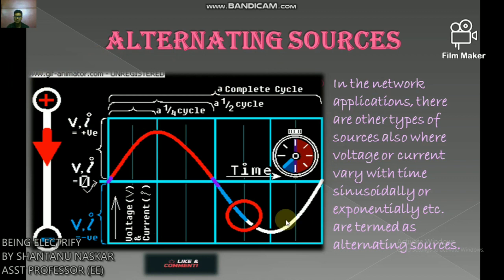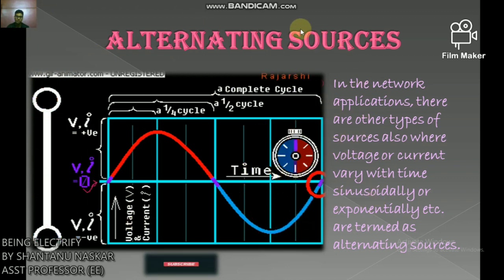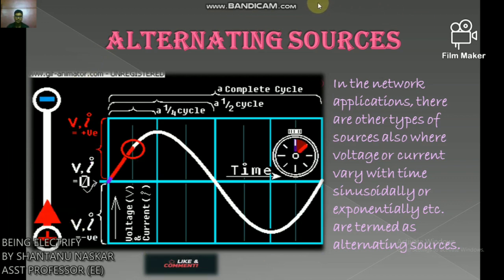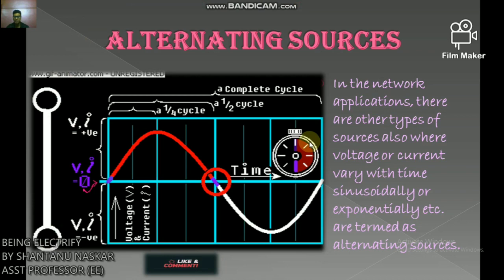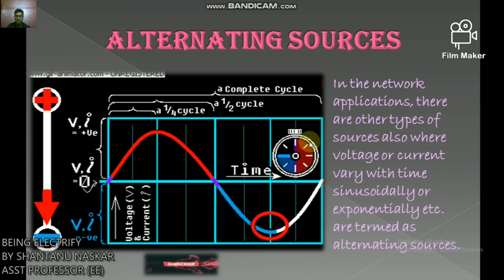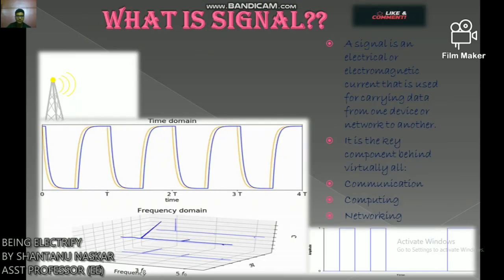Now we will discuss the alternating source. Okay, so these are all the sources which I have discussed thoroughly, and next I will come to the signal.